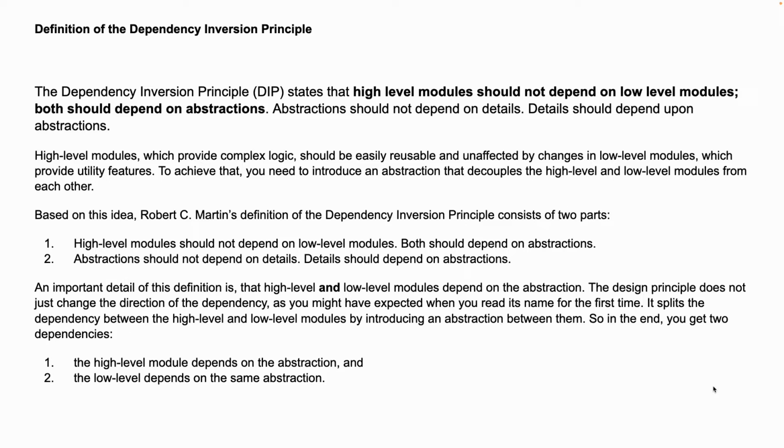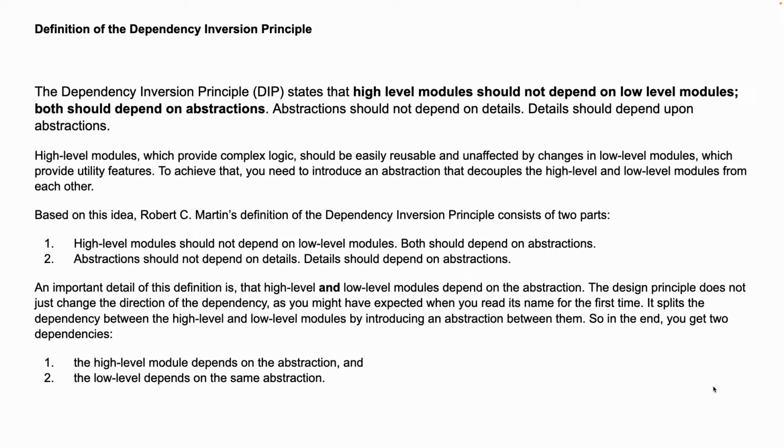So in this way we can achieve the abstraction. We can abstract it and decouple the high level module and the low level module from each other. So the main point here is the decoupling. We should not tightly couple the high level module and the low level module.